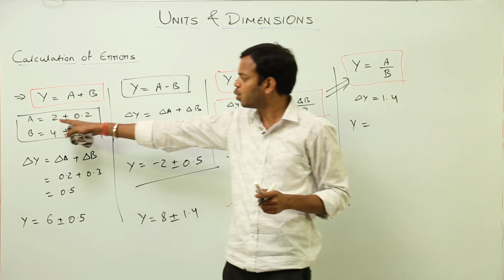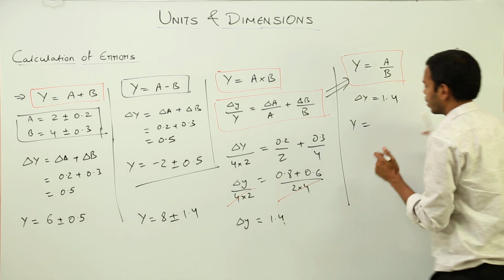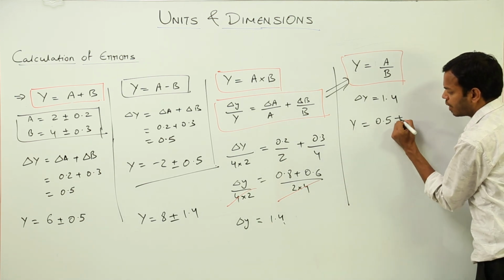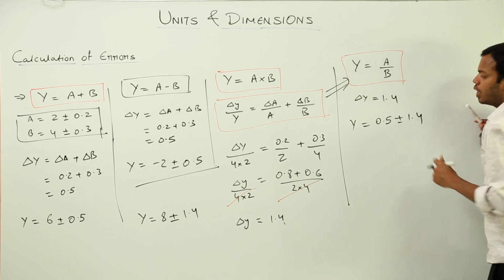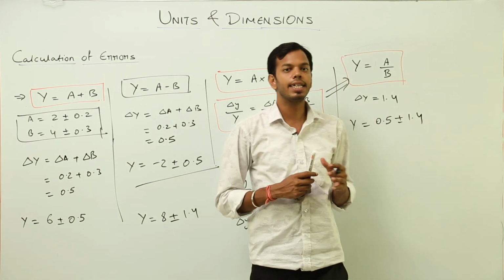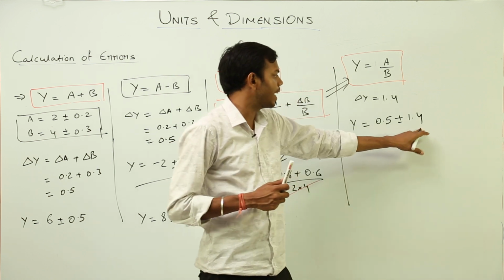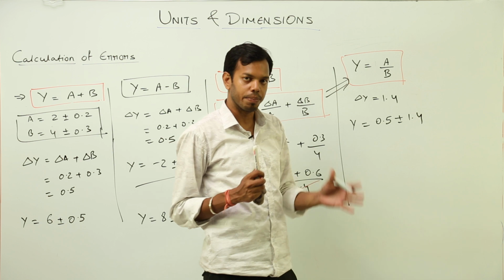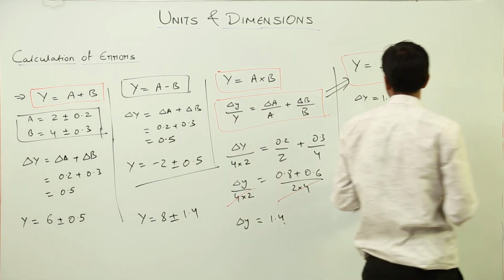What is a here? 2, b is 4, so 2 upon 4, which is 0.5. So 0.5 plus minus 1.4. Errors do not depend on the fact that the error value can be greater than the original value. It can be, okay. So this is how you get the answer.